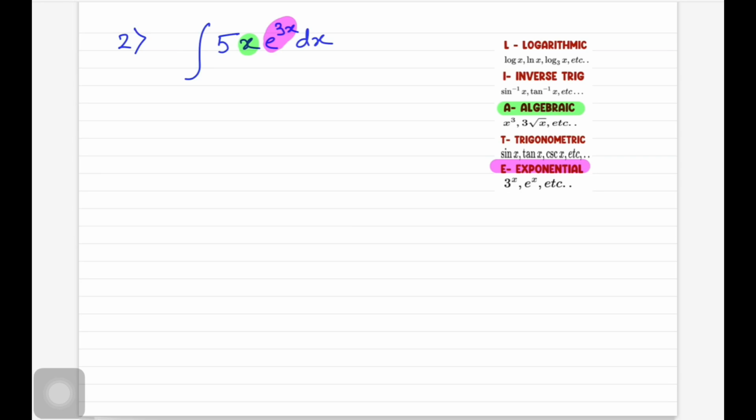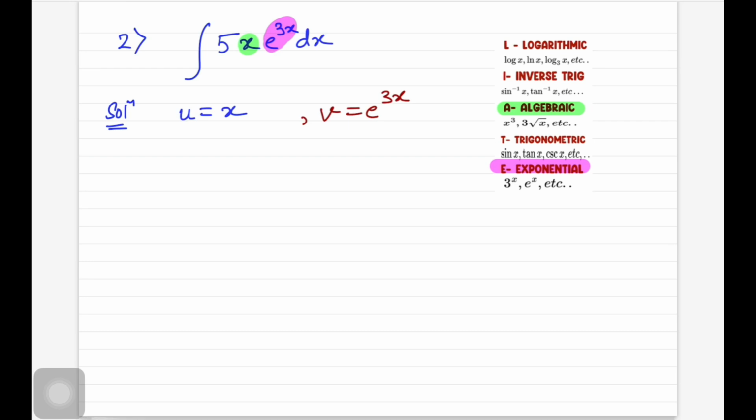So which term is coming first? Again it is algebraic. So in our problem now u is x and v is e to the power 3x. 5 is a constant, we'll just have to follow that value till the end.